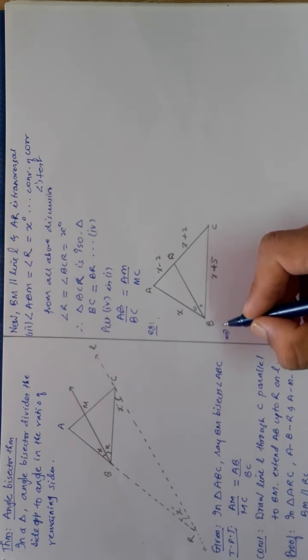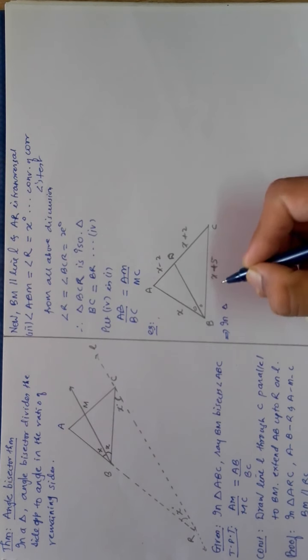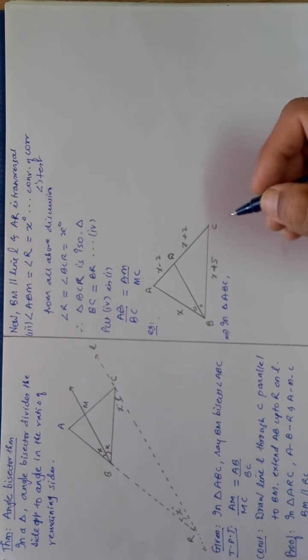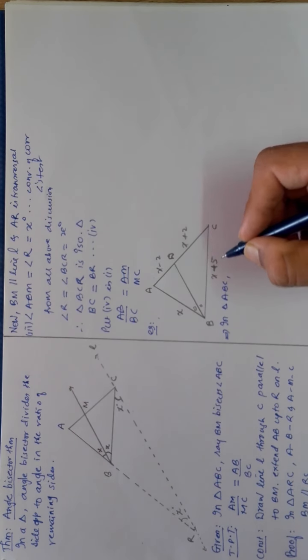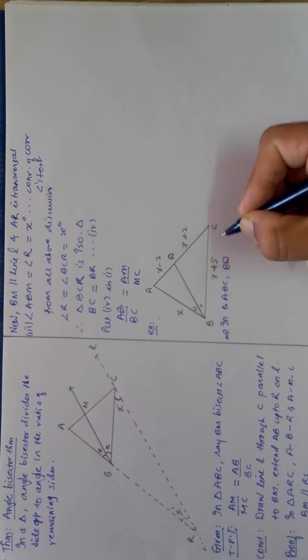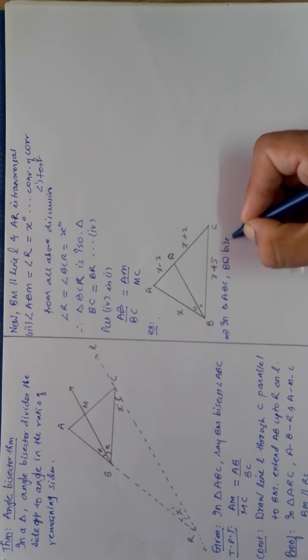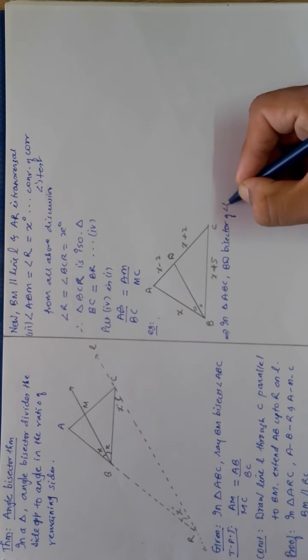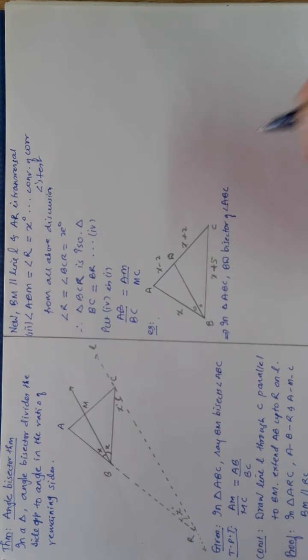So here in triangle ABC, you have BD as the bisector of angle ABC. Agreed?